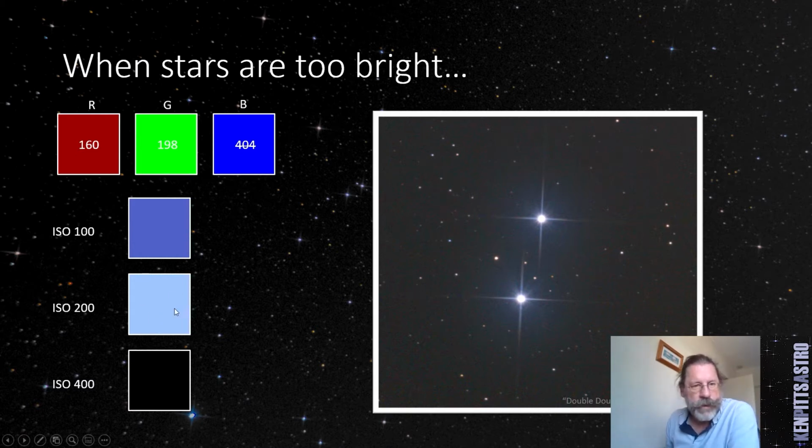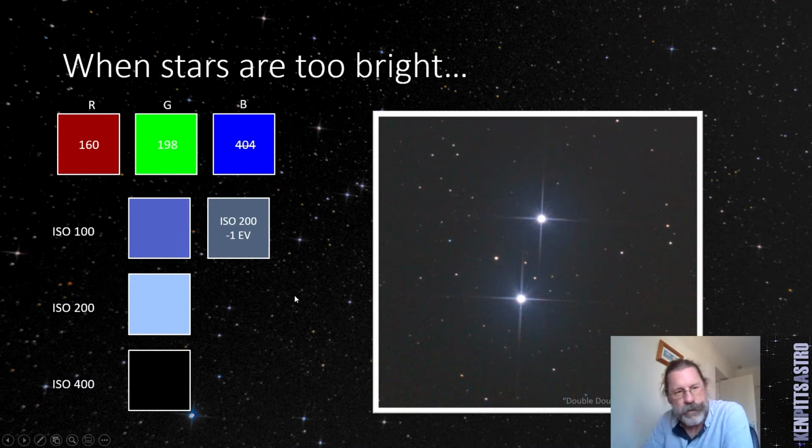Now that still looks like a lovely blue, but if I reduce it down by 1 stop or 1 exposure value to bring it back down to ISO 100, you can see that actually it's a lot greyer than the original colour, and you've started to lose colour information. And the situation, of course, is worse if I go to ISO 400.